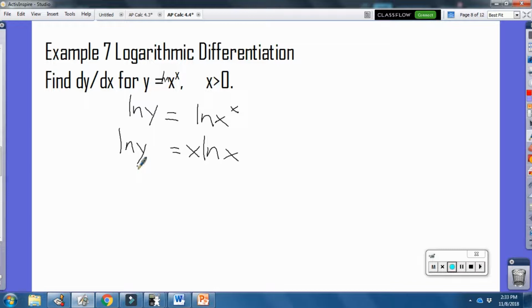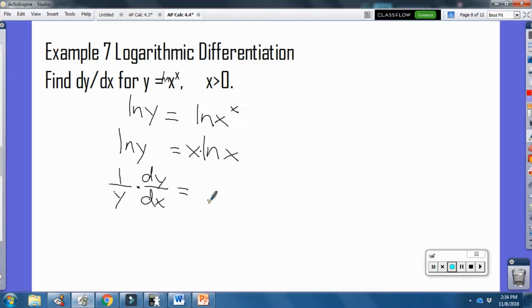Now I can take this derivative. On the left side here, we're going to use the chain rule with implicit differentiation. We have 1 over y, because the derivative of natural log of x is 1 over x, times dy dx, equals, now I have to use the product rule here because I have x times natural log of x.